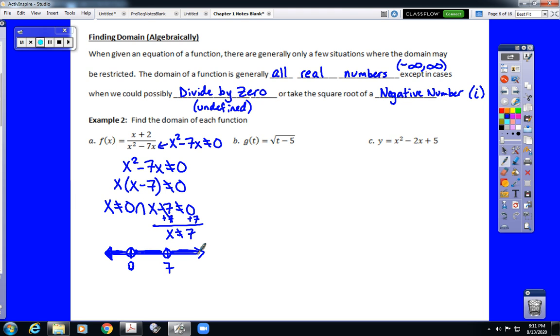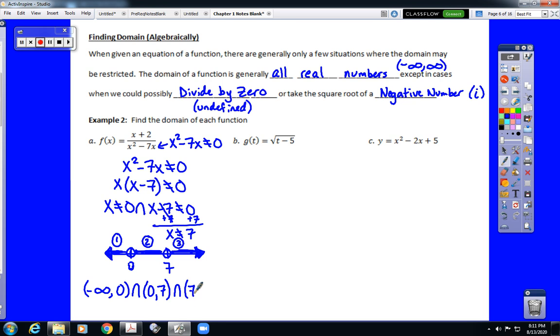So basically what we're trying to do here is write out the following inequality, which is basically 3 different pieces. 1, 2, 3. That first piece is running from negative infinity to 0, not including 0. And every number between 0 and 7 is perfectly fine, not including 0 or 7.